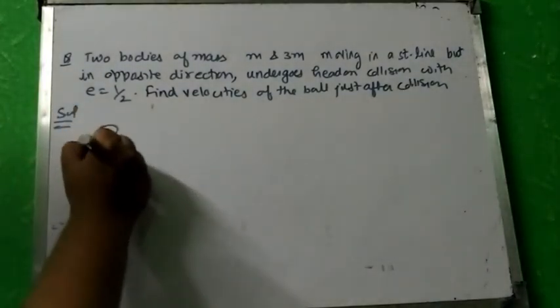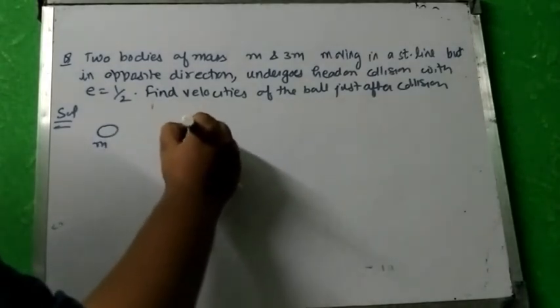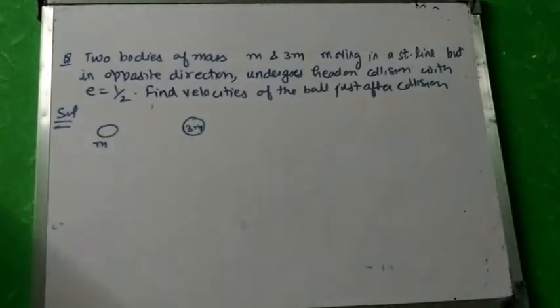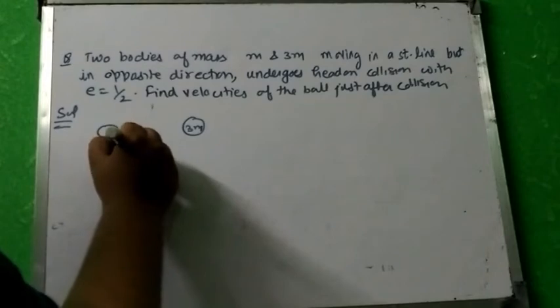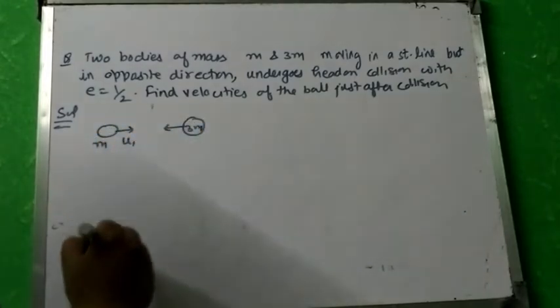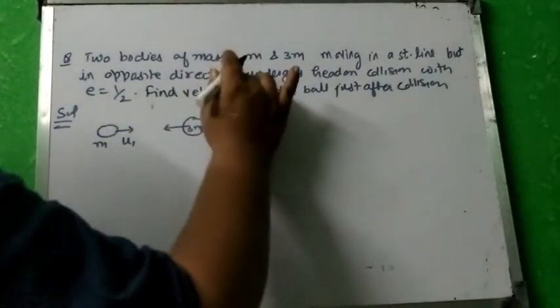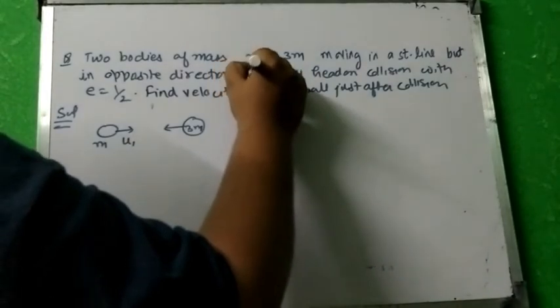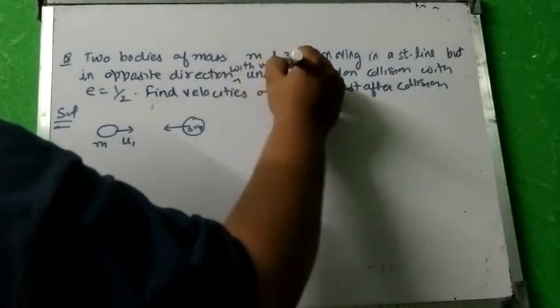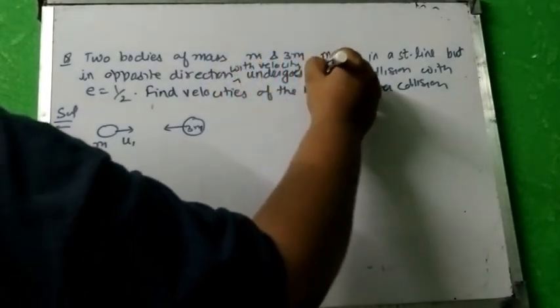What do you want to say? That there are two bodies of mass m and 3m moving in a straight line but in opposite directions, with velocities let's suppose 3v and v.